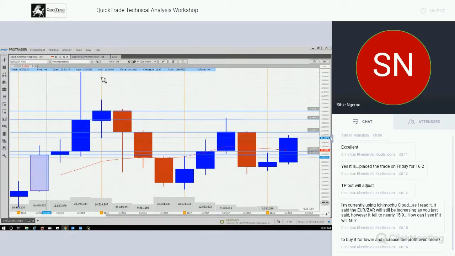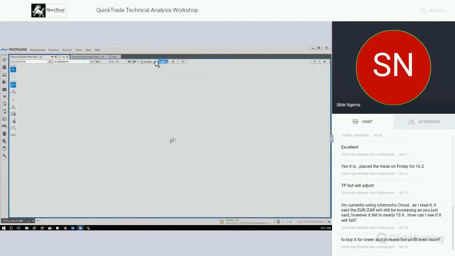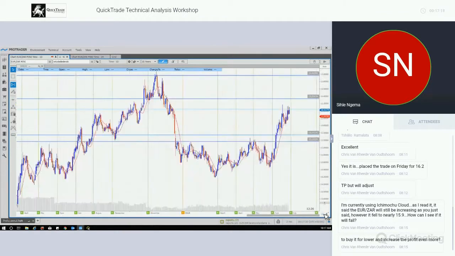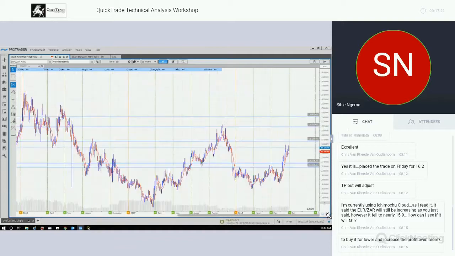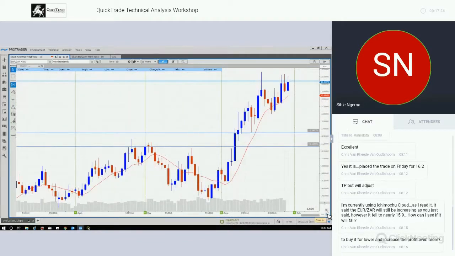I think if you want to buy the euro and sell the rand, you need to have levels that you are looking at, Chris. So, in my view, anything above 1534 is a buy on the euro US dollar.